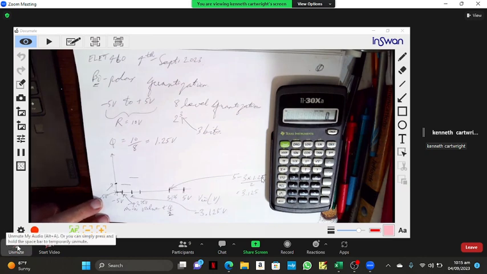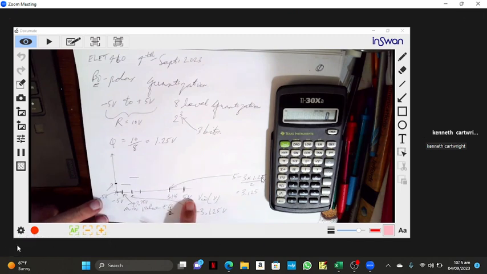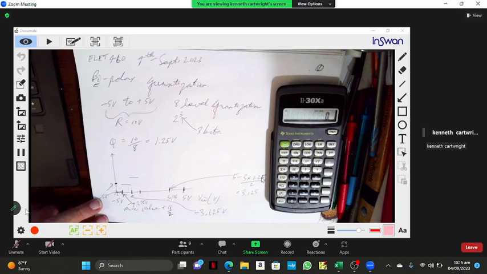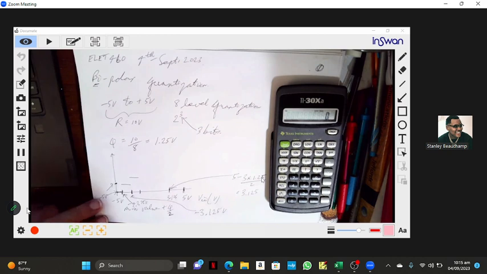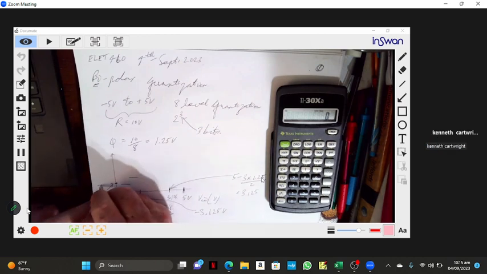This is exactly what we did last class, except that last class, this was 0 and that was 10. Would that be negative 3.75? Yes. That's -5 plus Q.